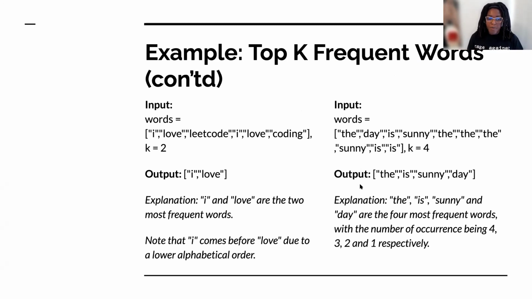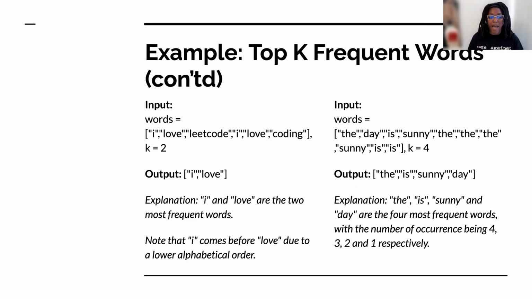In this problem, you're going to be given an array of words, and your job is to return the top k most frequent words. Now, if you have two keys that have the same values, you need to return them in lexicographical order, meaning alphabetical order.